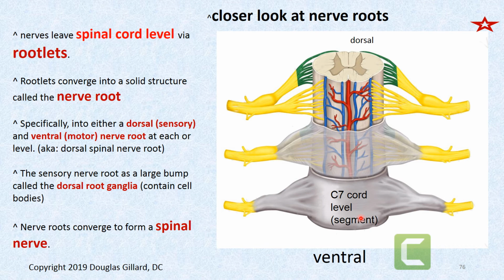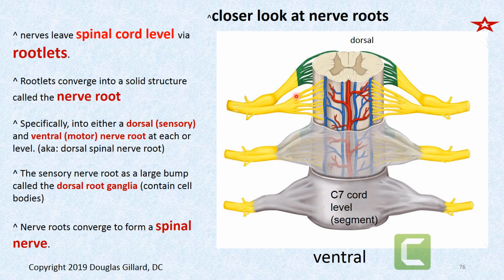All right, another important concept. Now we're going back to the cervical again. Really nice drawing here that was floating around on the internet. So very cool. But we need to pin this stuff down a little bit more. If you really look closely, this is the spinal cord itself.